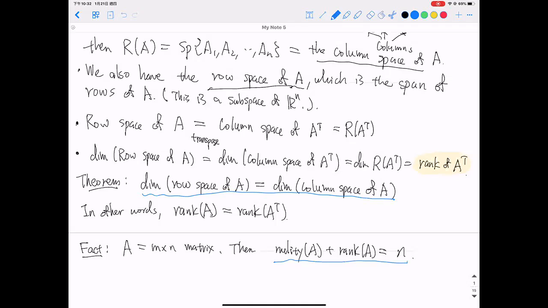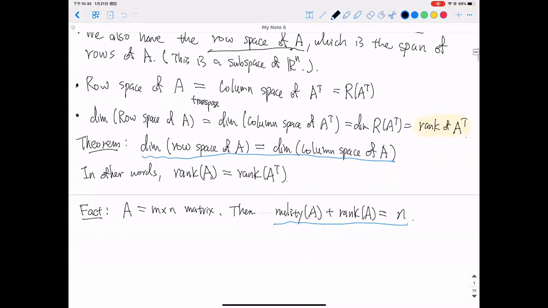Okay. We've checked this in one example in the previous lecture. You can see this in other examples as well. We're going to postpone the further discussion of this equality to later. Before we prove this theorem, we're going to discuss some easier statements first. So maybe let's label this theorem as theorem A.